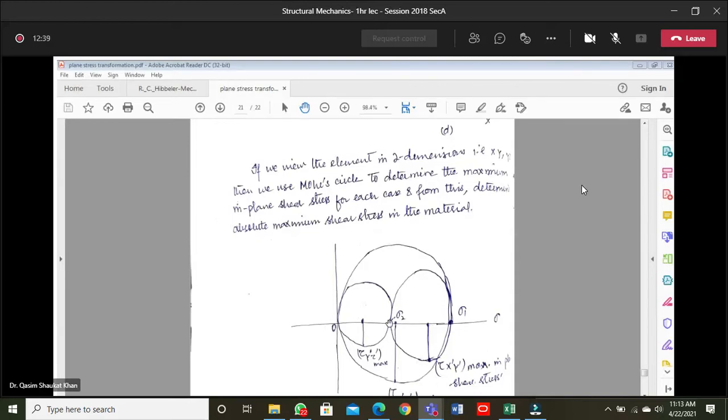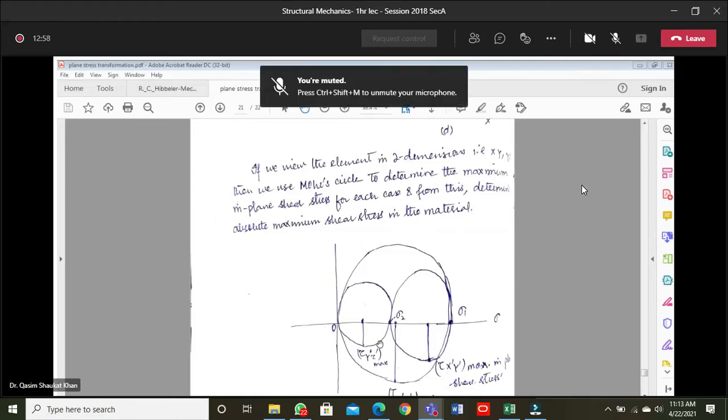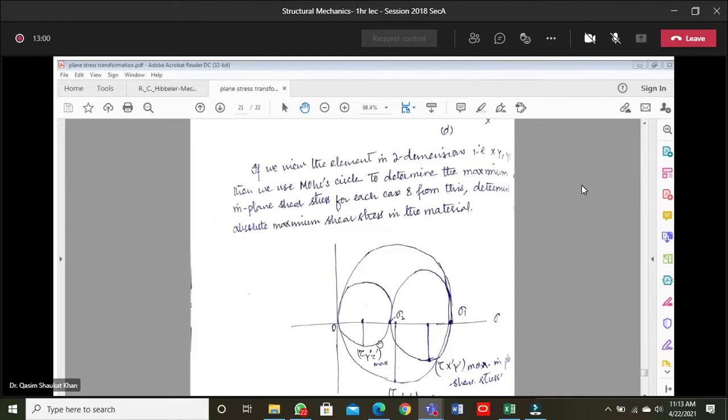Sigma 2 represents the normal stress in the y-axis. Sigma 1 is the major principal stress and sigma 2 is principal. So this is my Mohr circle for the YZ plane.